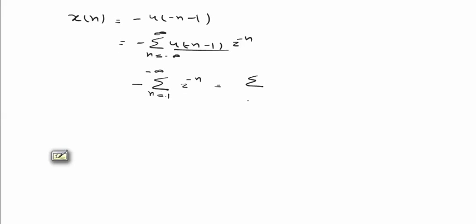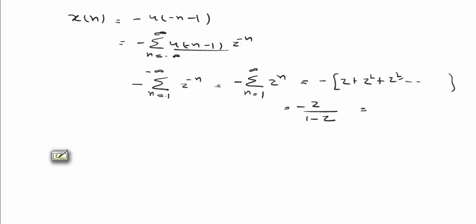N is replaced with minus n. The complete expression is z n. Now it is a GP: minus z, z square, z cube and so on. The first term in this case is z upon 1 minus z, minus.